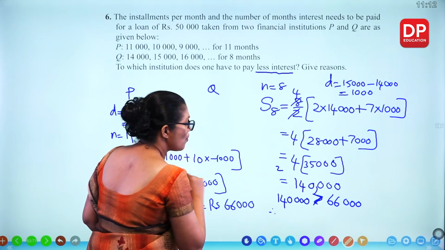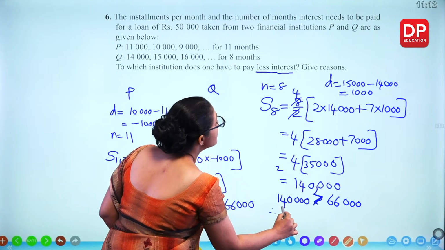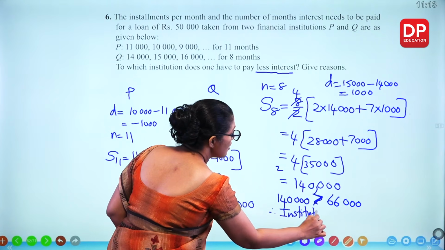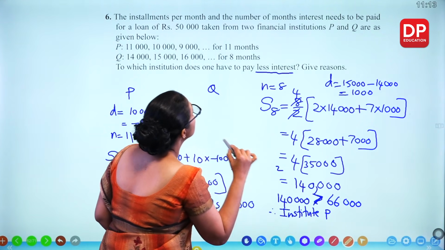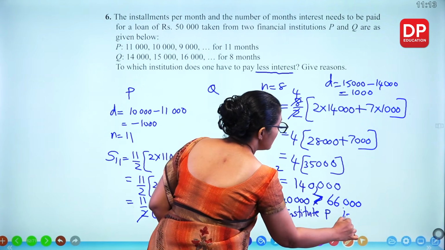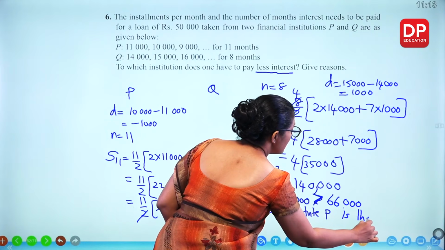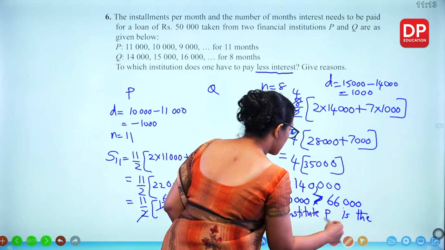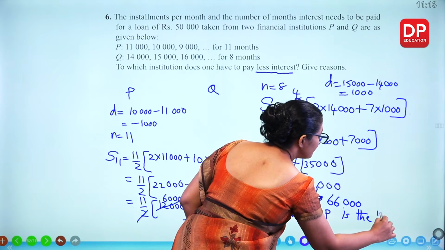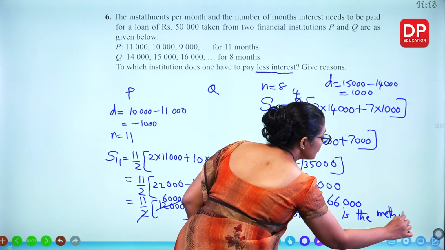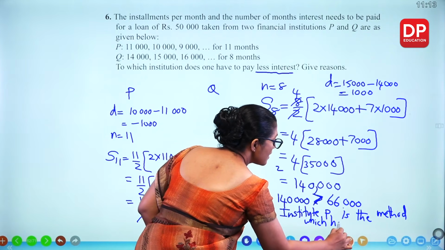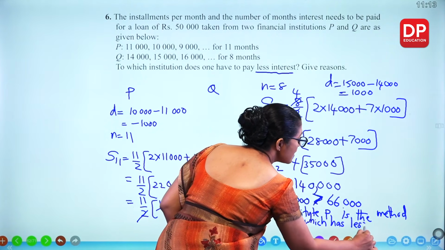So therefore, institute P is the method which has less interest.